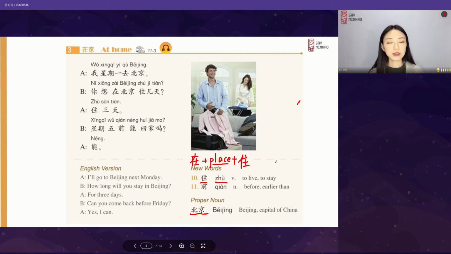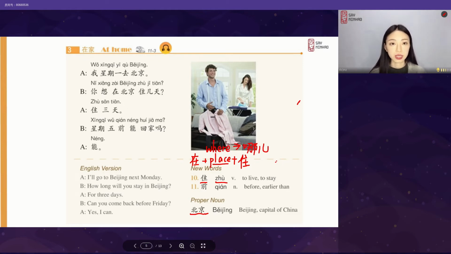Okay, so how to say live at where? Where? We just need to change the place into where, and where is 哪儿 in Chinese, right? So it is 在哪儿住. So this is the way to ask about a person.